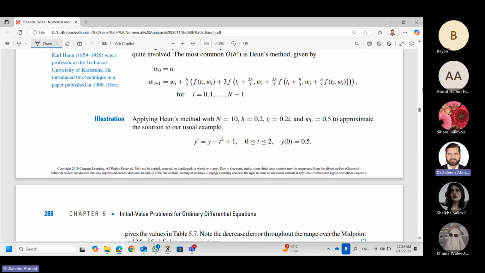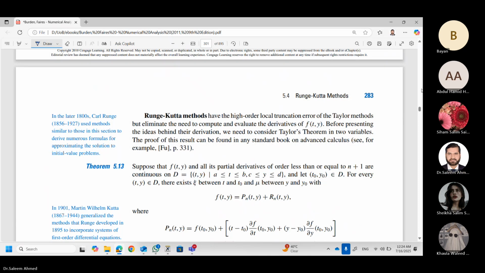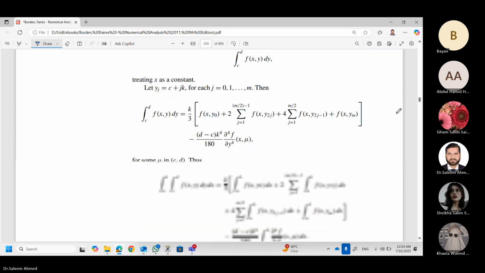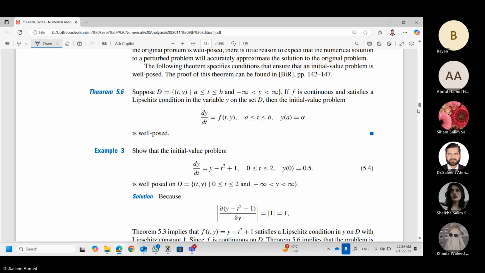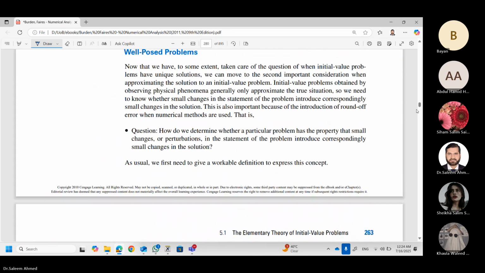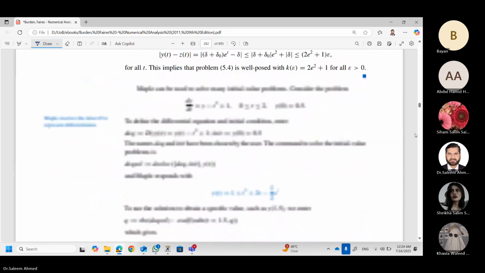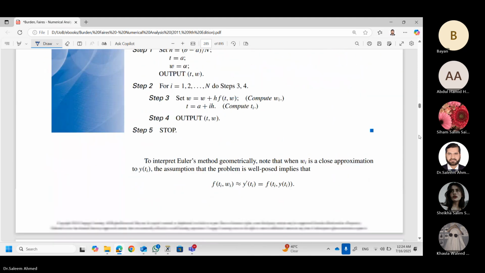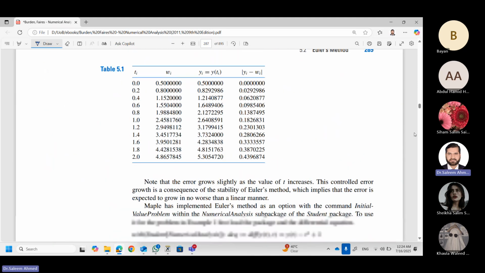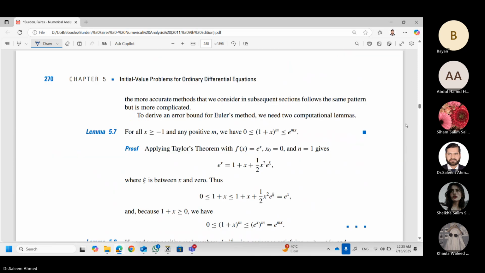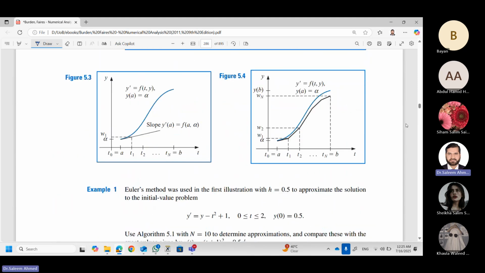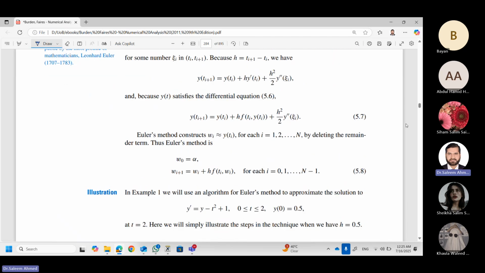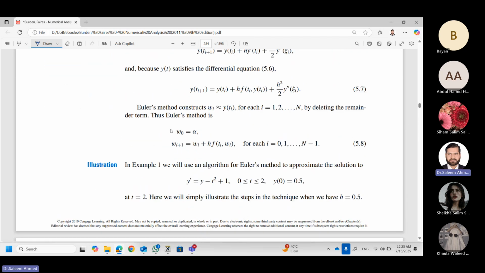And the Euler method was very simple in 5.2. This was the Euler method, and this will also be written. Where was the Euler method? Here is the Euler method. So you see here, everything is there.